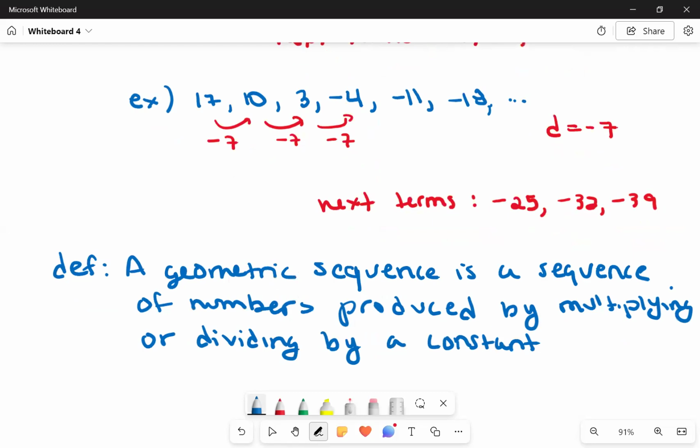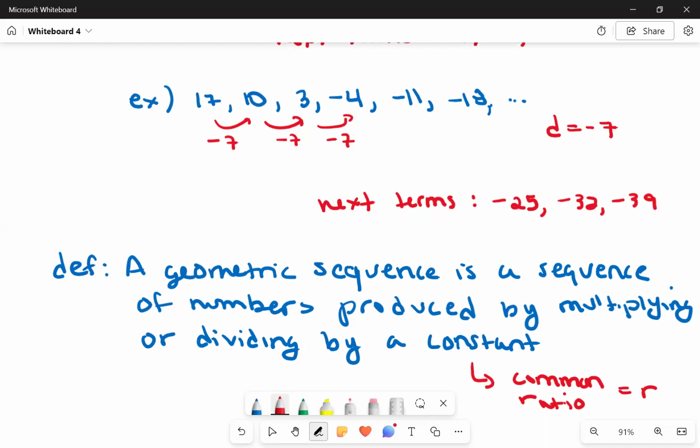And we call that constant the common ratio, which we use R to represent, what we are multiplying by or dividing by.